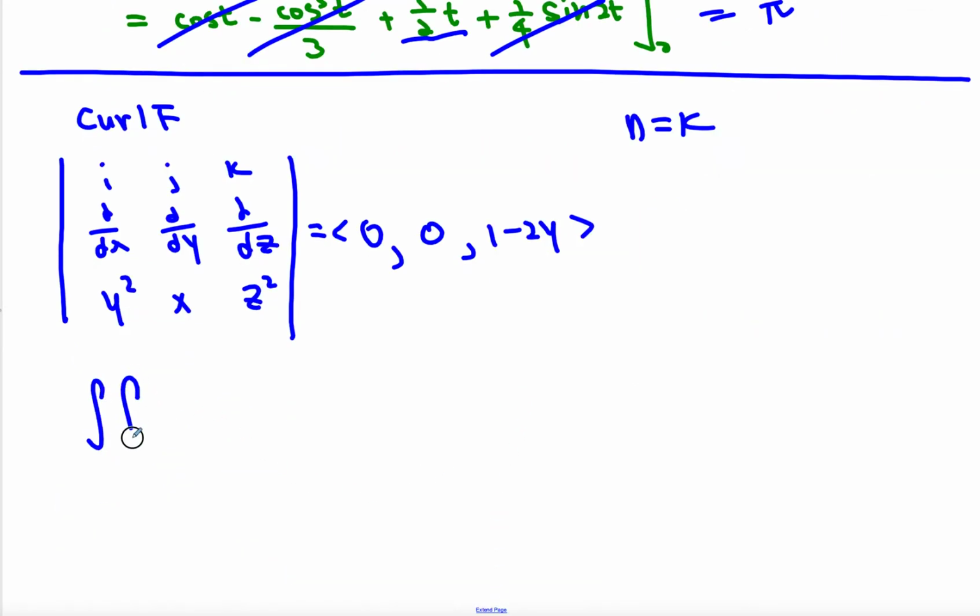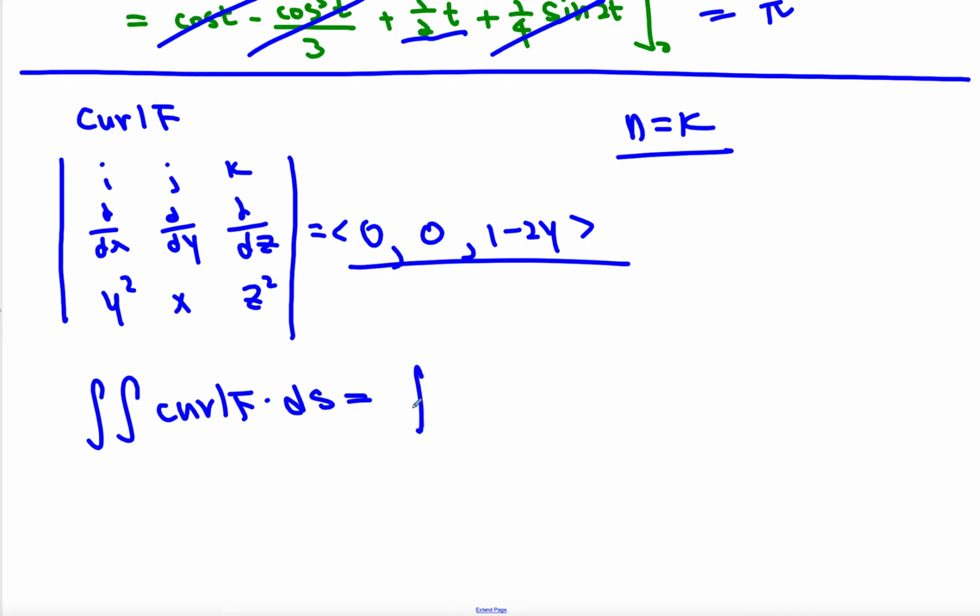So therefore, curl F dot dS is simply we've got to dot this one, and then dA. So when you do that, 1 minus 2y dA. But we get to realize that, hey, since it's circular, we can use the polar concept, where r goes from 0 to 1, and theta goes from 0 to 2 pi.